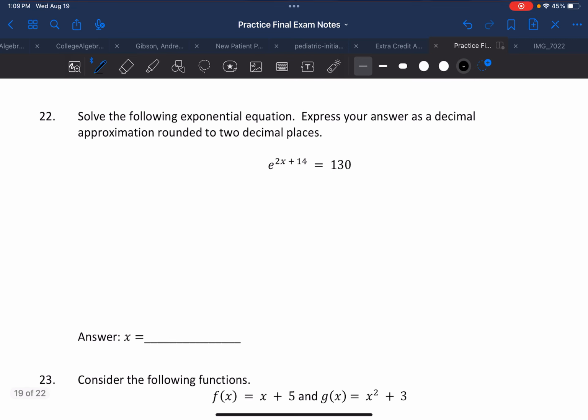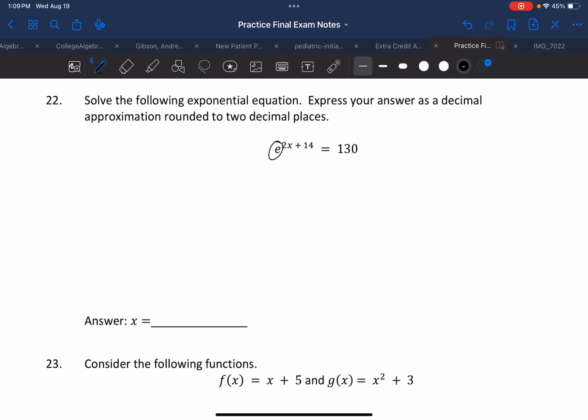Number 22 says to solve the following exponential equation, express your answer as a decimal approximation rounded to 2 decimal places. So anytime you see E here in an exponential equation problem, it's easier to use ln.